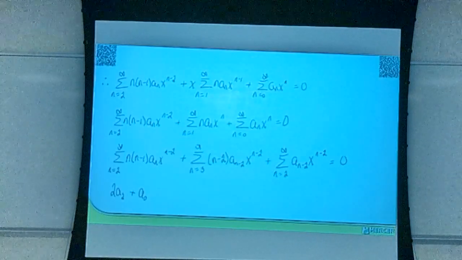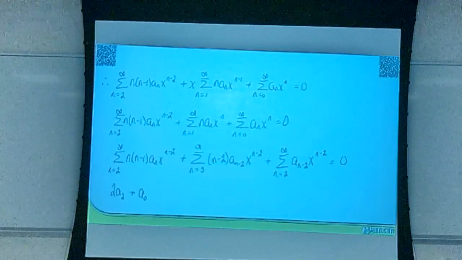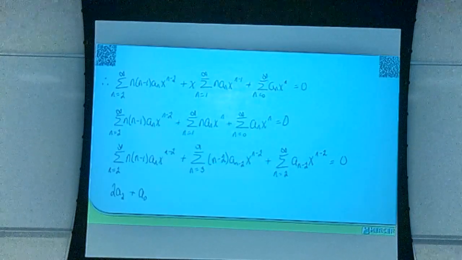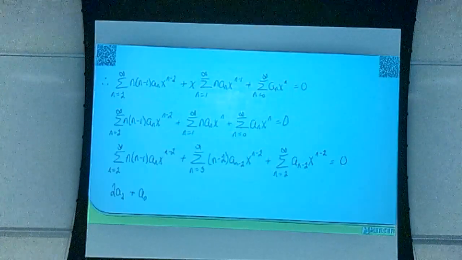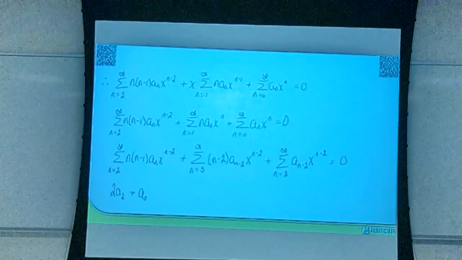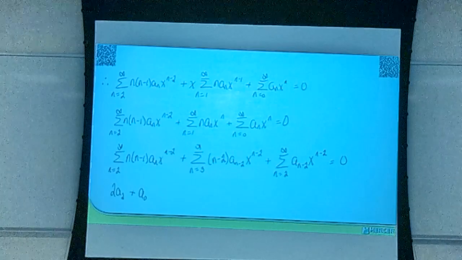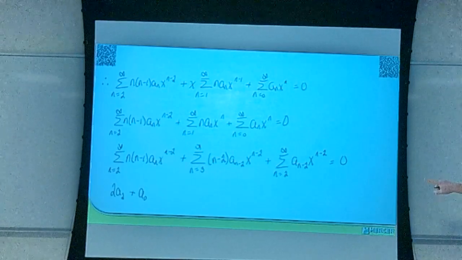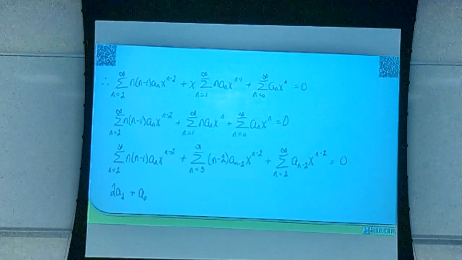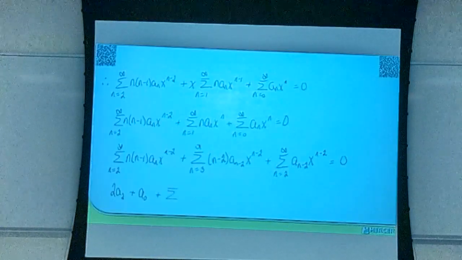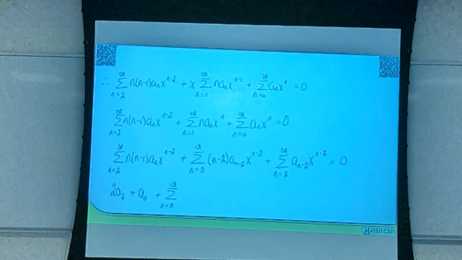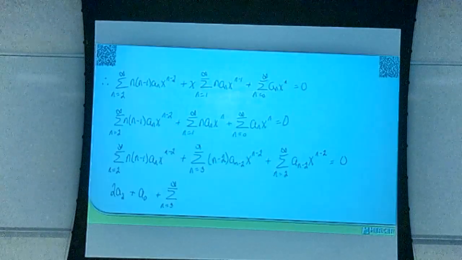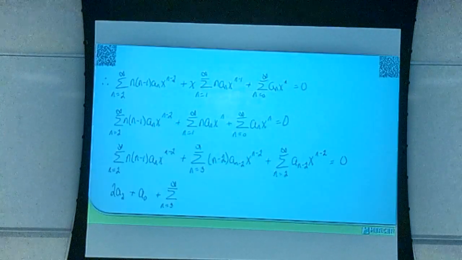That's not good. Oh, never mind. They're both constants, okay. Good. Because that's just going to be a naught, right? Now all the sums start at n equals 3, so write them as a single sum.